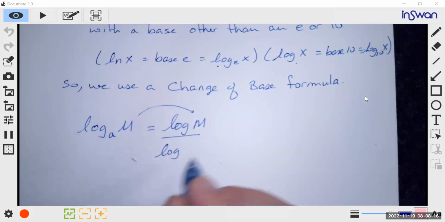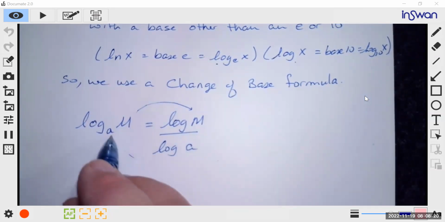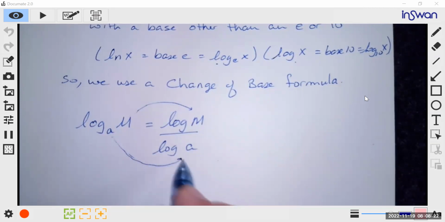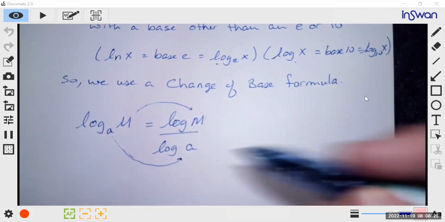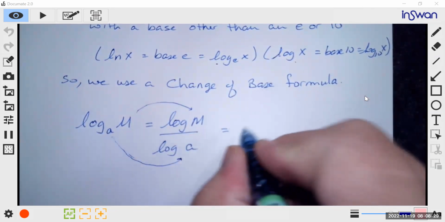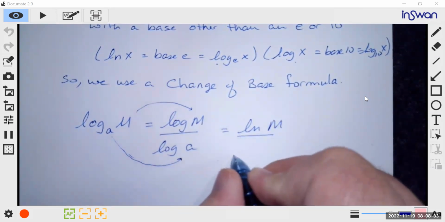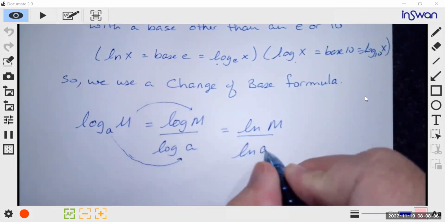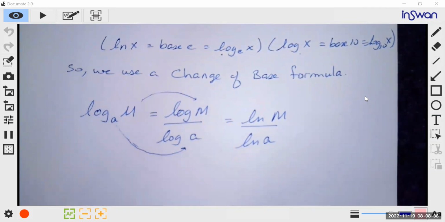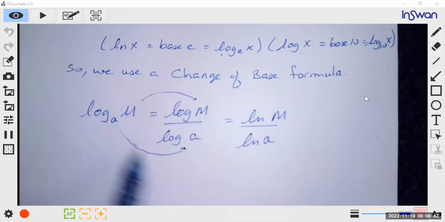Whatever the base is goes on the bottom. And we're taking them both to log base a, because log base a is log base 10, and we can do that in a calculator. Or if we want to, we could do the log base e, ln's, the natural logs. It's the ratio that's important. Again, whatever the operation is goes on top, whatever the base goes on the bottom, and there you have it. There's where you could do the calculation.